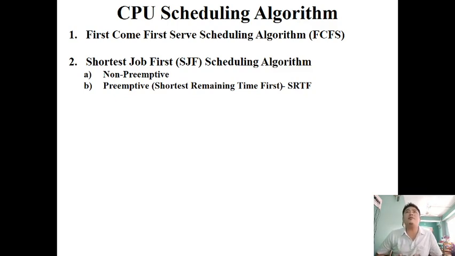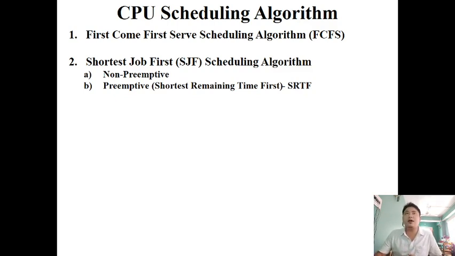Now, if I talk about the performance of FCFS and SJF, irrespective of non-preemptive or preemptive, the average waiting time of SJF is less than that of FCFS, which means SJF is more efficient than FCFS, right? So these are some of the common CPU scheduling algorithms.